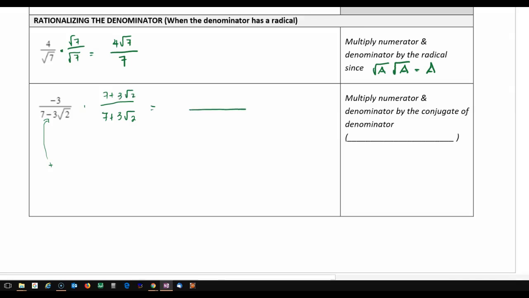Now, let me write that here so that you can see that this is really a difference of 2 squares. So this becomes 7 squared minus 3 square root of 2 squared, which is 49 minus 9 times 2. 49 minus 18, which is 31.